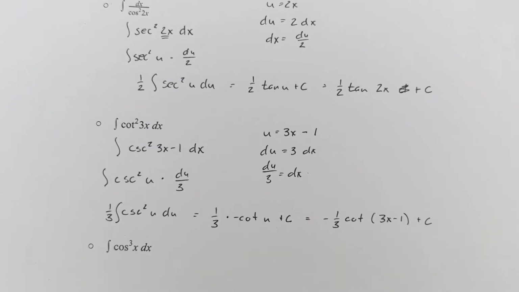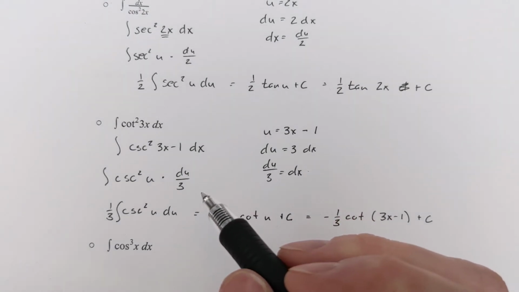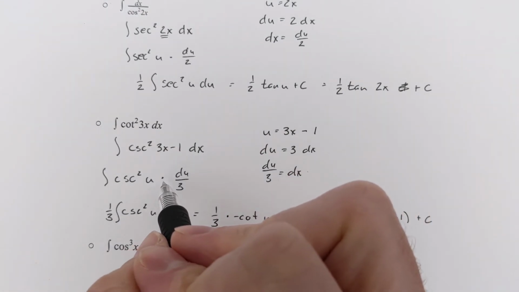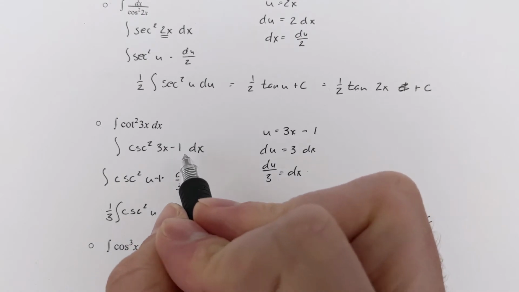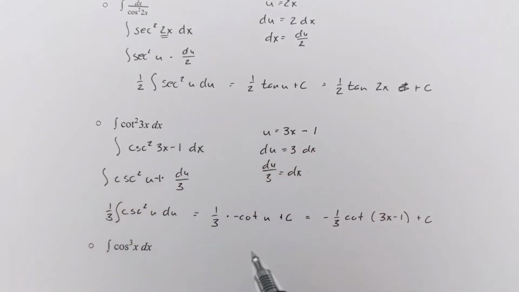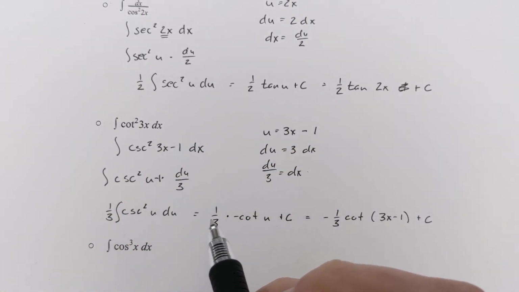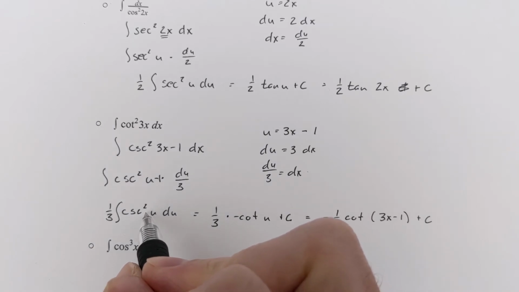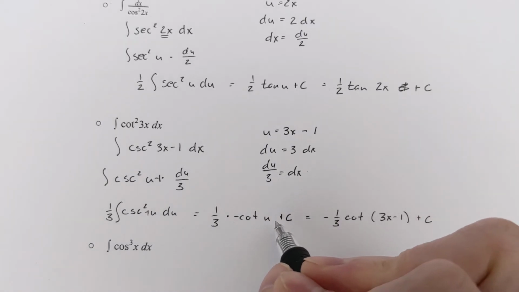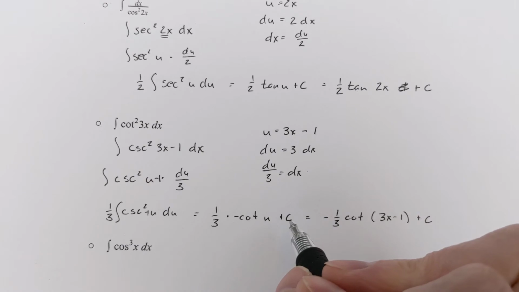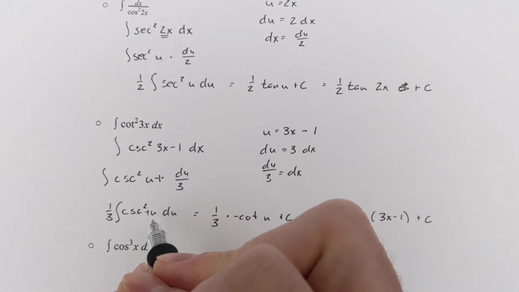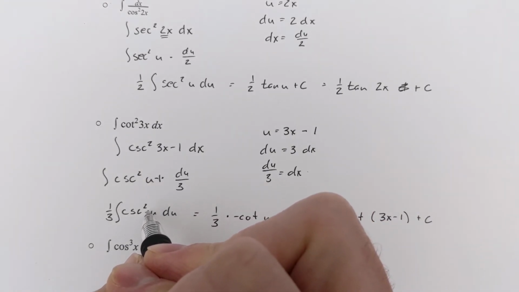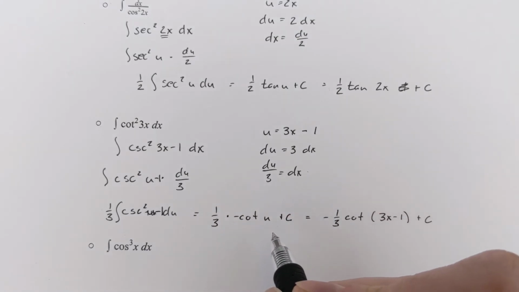Nope, no, I lost something. Did I? Oh, yeah, I did. There should be a minus 1 here. That it's just the 3x inside the cosecant. So that's a minus 1, which means there should be a minus 1 there.